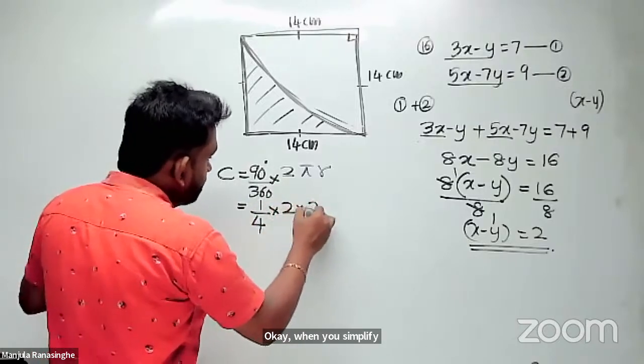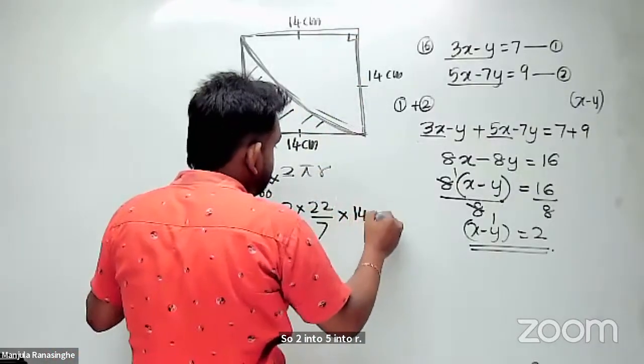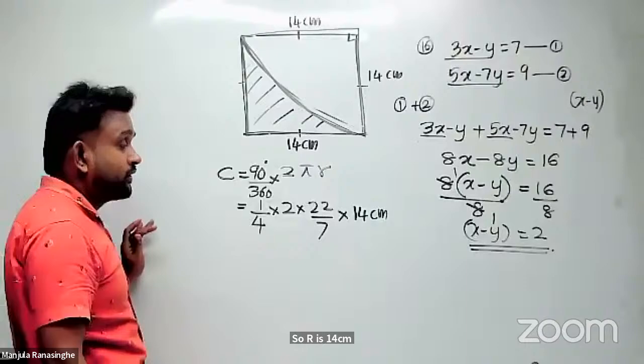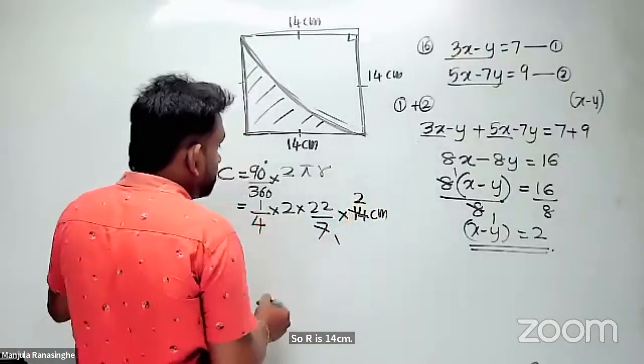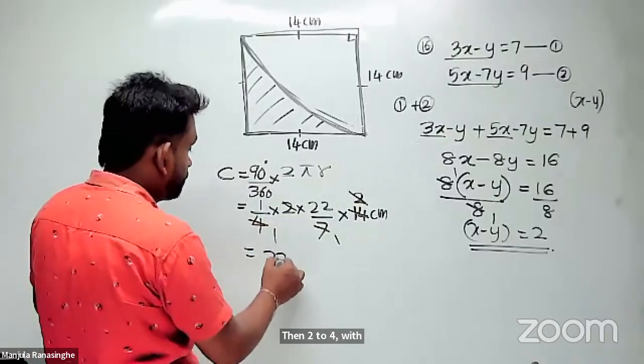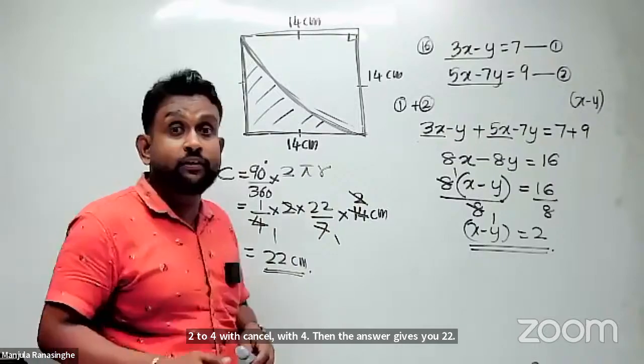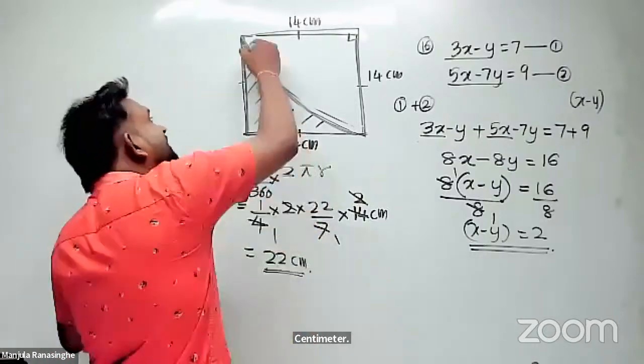So 2 into π into r, where r is 14 centimeter. Then 7 1 7 2, then 2 2 4 cancelled with 4. Then the answer gives you 22 centimeter. That is how you get the arc length.